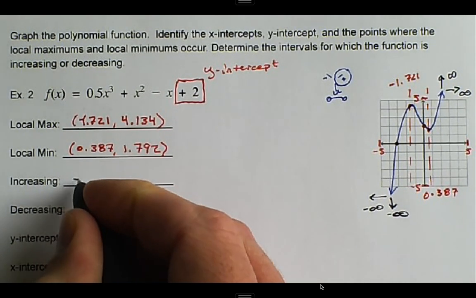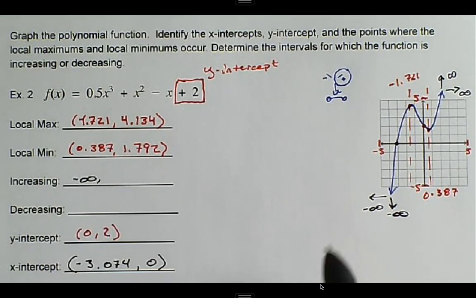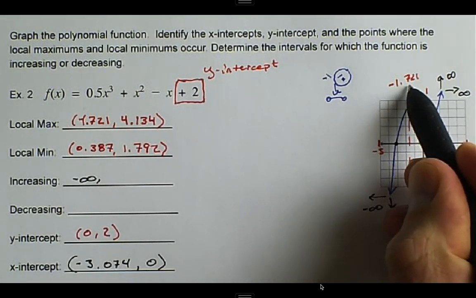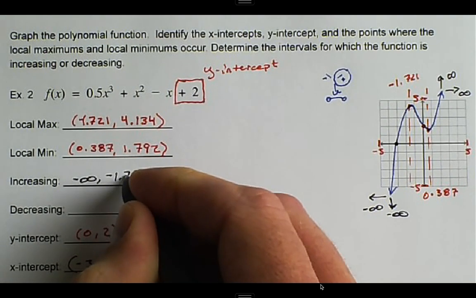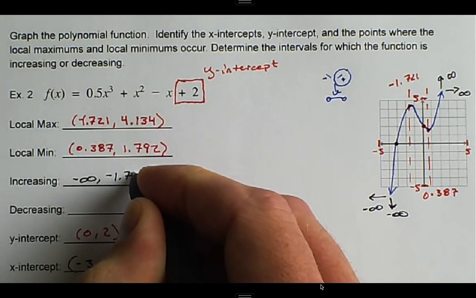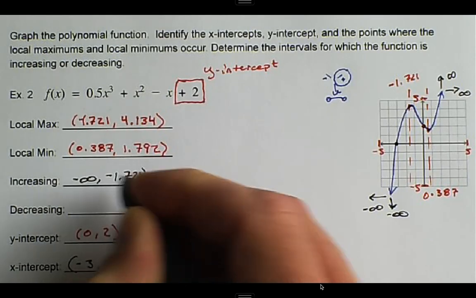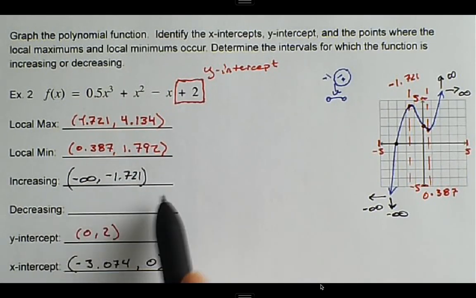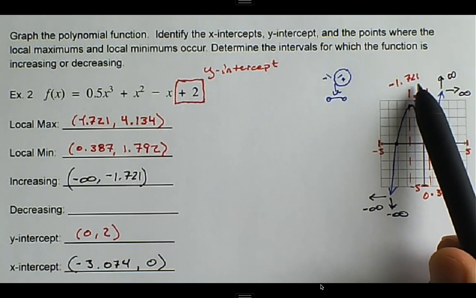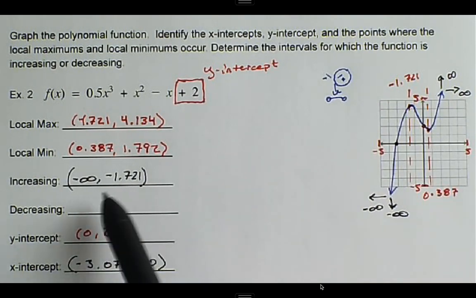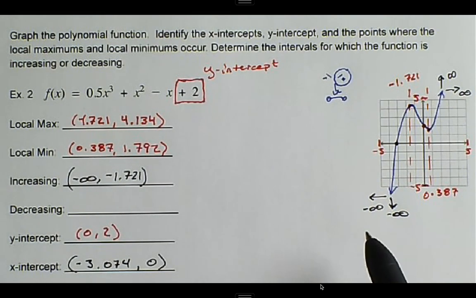So it starts increasing at negative infinity, and it goes all the way till negative 1.721. Now, we use parentheses because neither of those points are included. The slope at negative 1.721 is 0, so it's neither increasing nor decreasing.